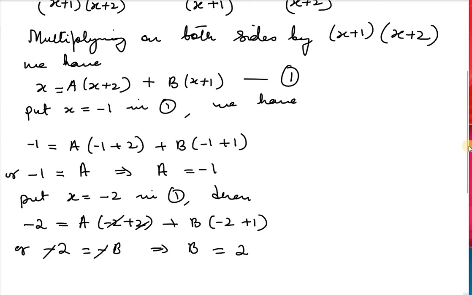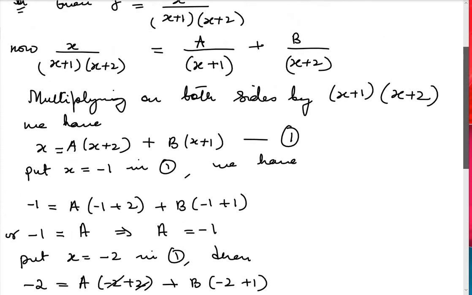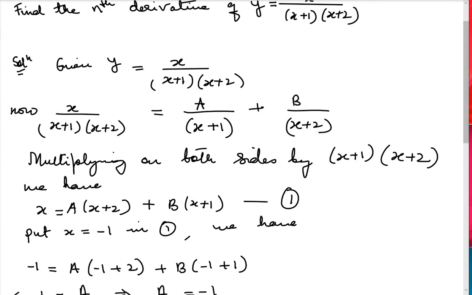Therefore, let us substitute the values of a and b, a is equal to minus 1 and b is equal to 2, in this given equation. Let me name this one as equation star.